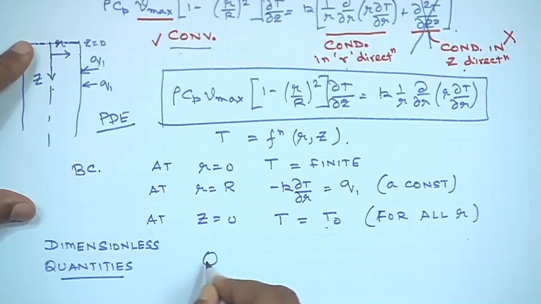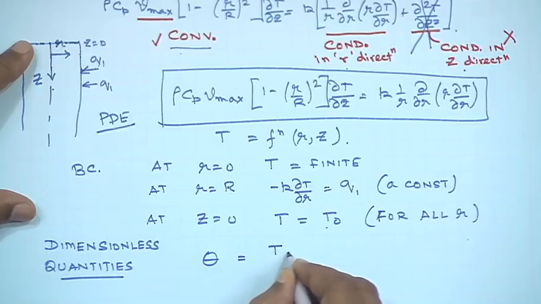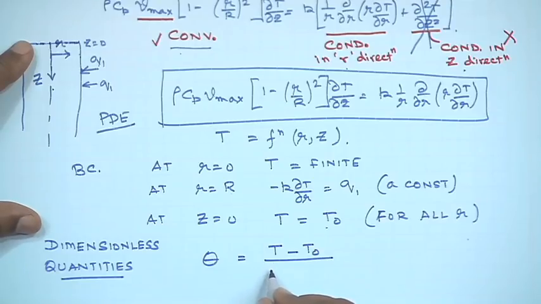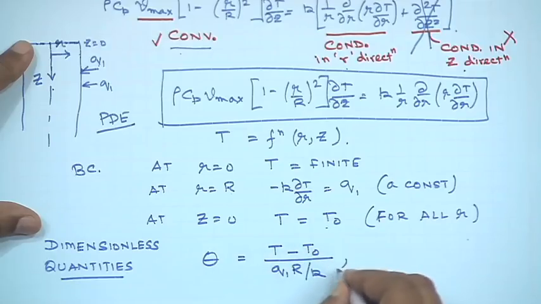So, for that I would first define a dimensionless temperature theta as temperature at any location minus the constant temperature with which it is entering, divided by Q1, the constant heat flux which is added, times R by K. So, this is the dimensionless temperature.